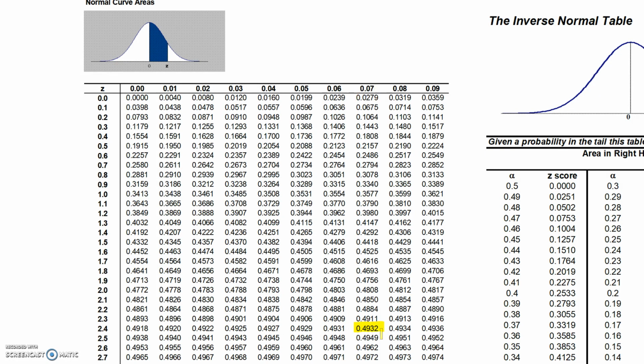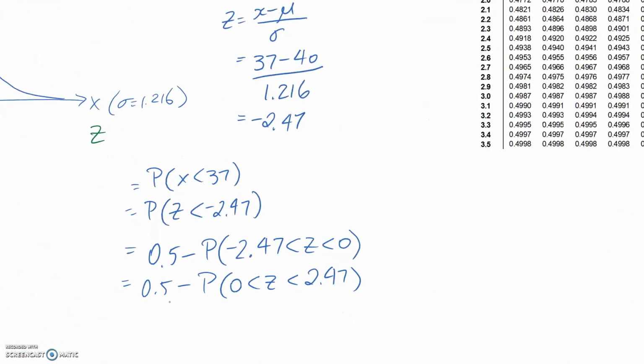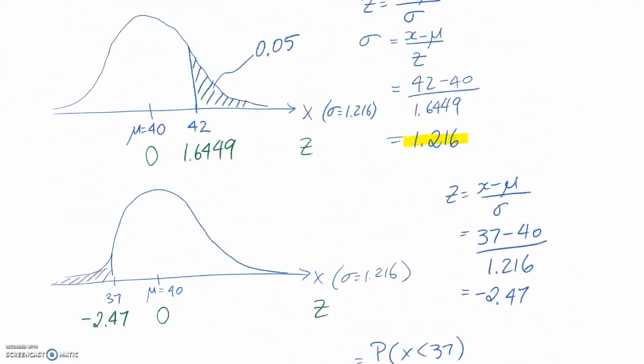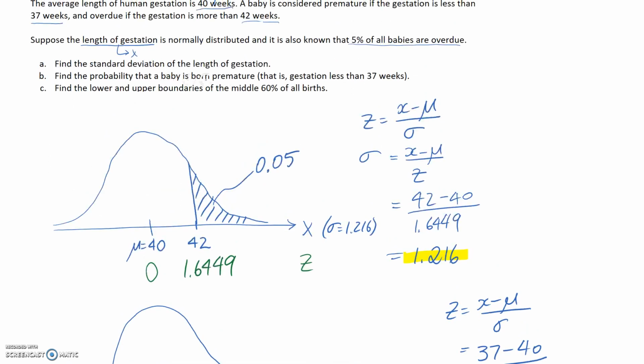So it's 0.4932. 0.5 minus that, and if we put that in a calculator, it's 0.0068, or in a decimal form, it's about 0.68 or 0.7%. So a very, very small chance that a baby is going to be born premature.